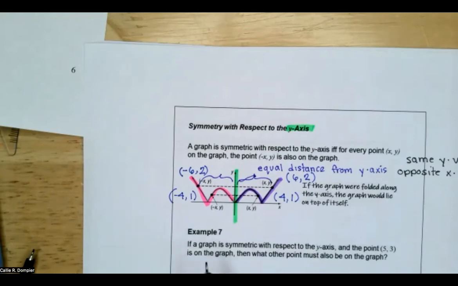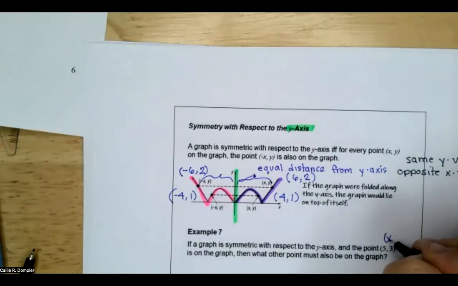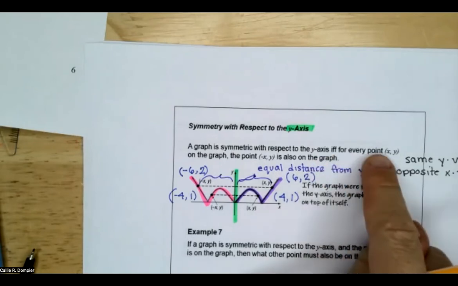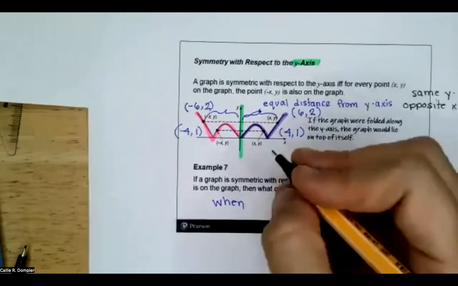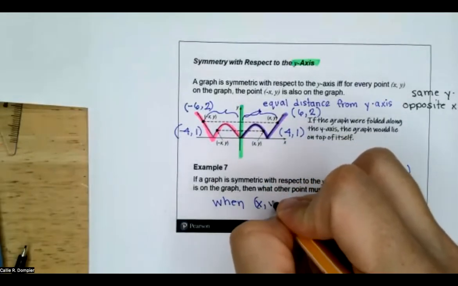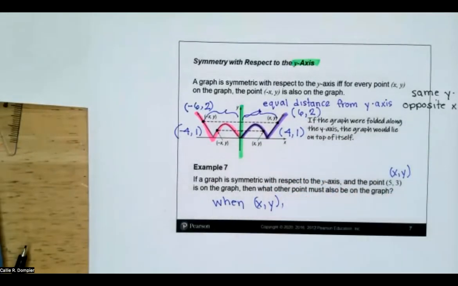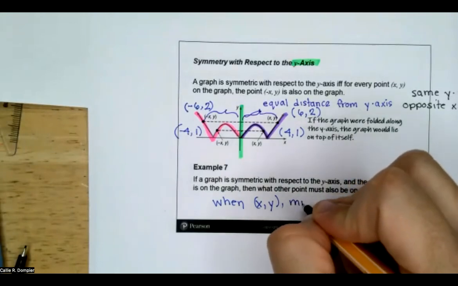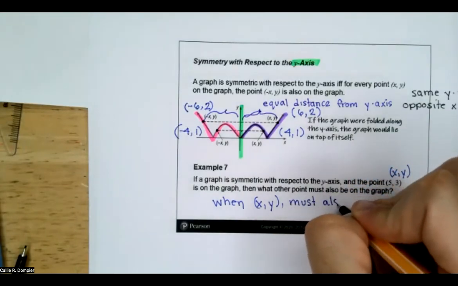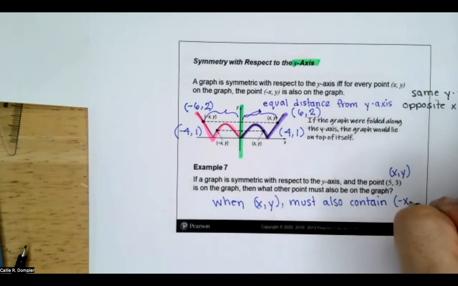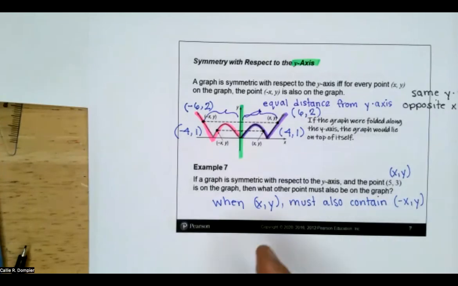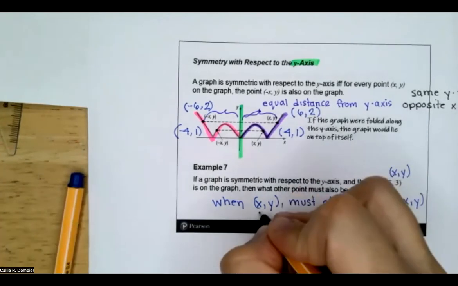All right. If a graph is symmetric with respect to the y-axis, the point (5, 3) is on the graph. What other point must also be on the graph? So the rule is every point (x, y) on the graph must also contain (-x, y). Again, y is the same. (x, y) is still (5, 3).